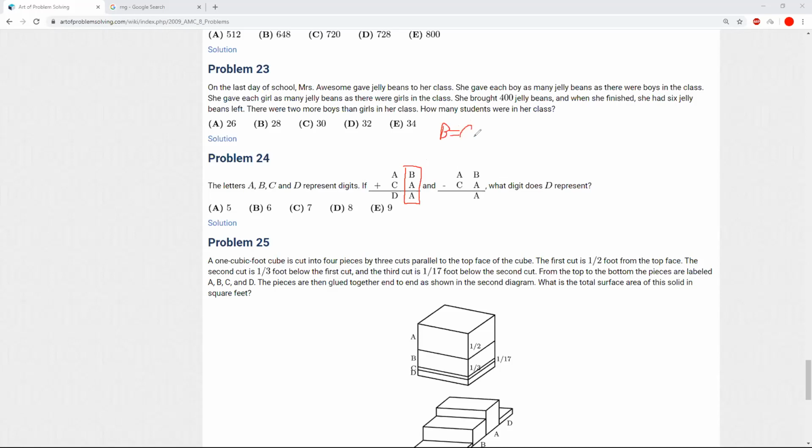So that's what we deduce. From the second column, we have B minus A is equal to A. But since B is 0, we know we have to carry a 1. So it's going to be 10 minus A is equal to A. Right here, 10 minus A is equal to A. So we have A is equal to 5.